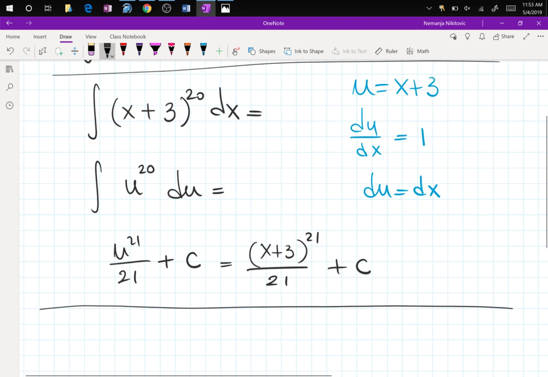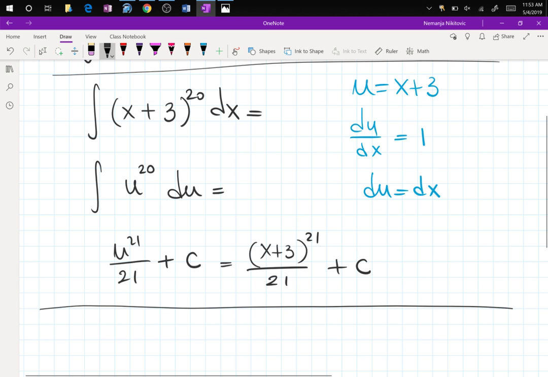We know that if we have x plus 3 squared, we're just going to square it and integrate each term. Easy peasy, right? I do not want to raise this to the 20th power, therefore I am going to try and find the easier way to do this.